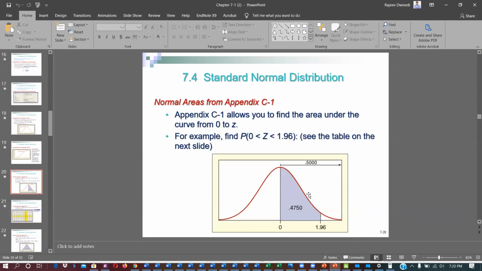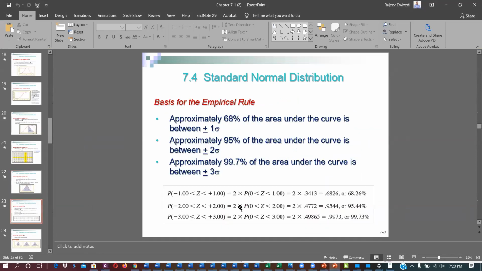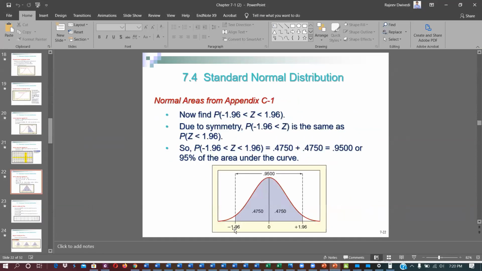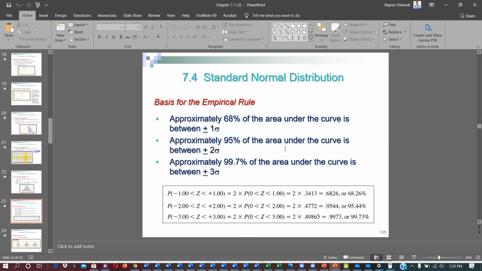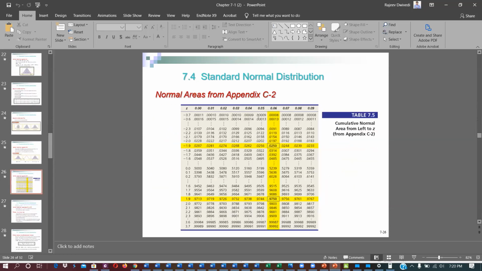So here you can see clearly, minus 1.96 to plus 1.96 is 95%. So 1 sigma, minus 1 sigma to plus 1 sigma is 68%, 2 to 2 is 95, 3 to 3 is 99. We just demonstrated these things.